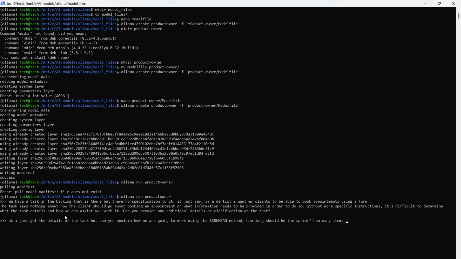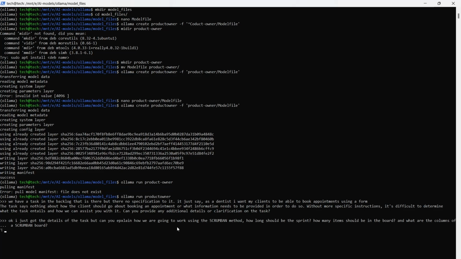How long should be the sprint? How many items should be in the board? And so on. And what are the columns of a Scrumban board? Let's send it like that.